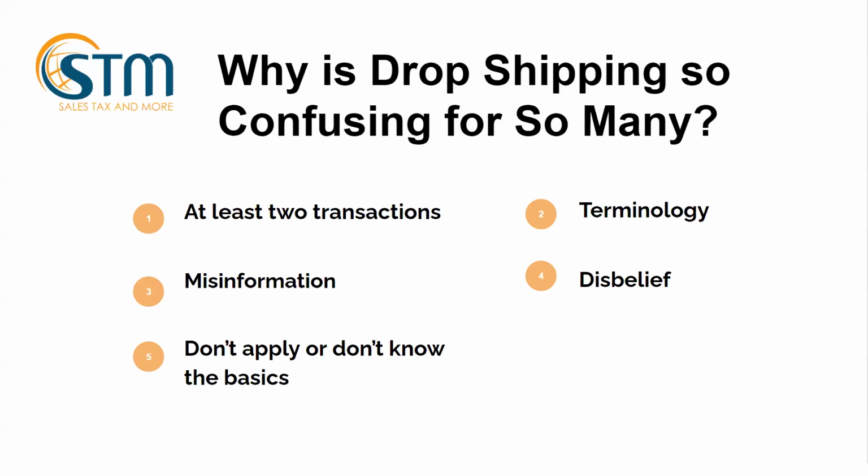Disbelief. I mean, a lot of people think a sale for resale is a sale for resale. So why are you asking me for tax, or why do I have to provide anything? Or why won't my Texas certificate work in the state of California? So there's a lot of disbelief in there.